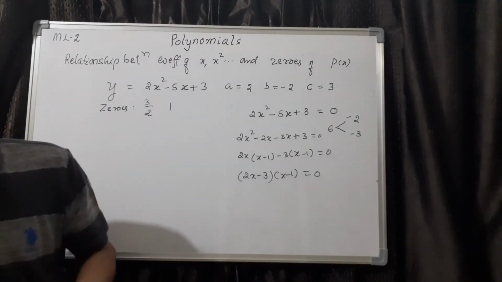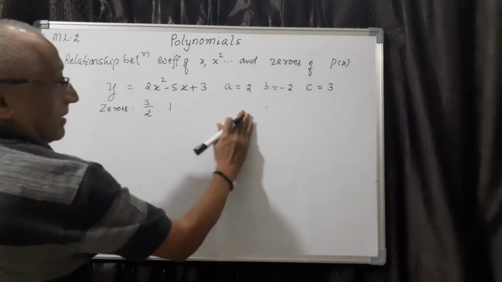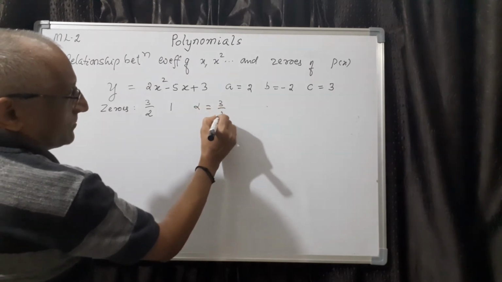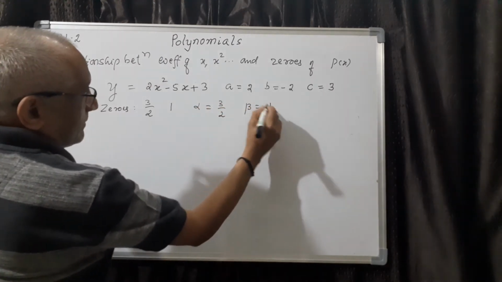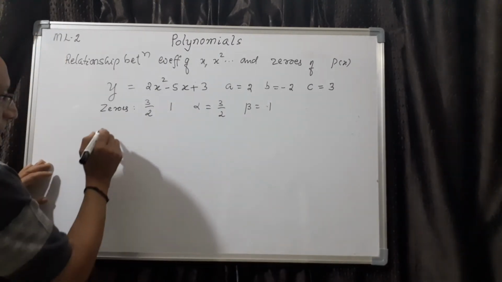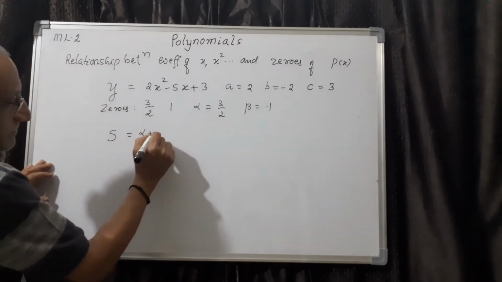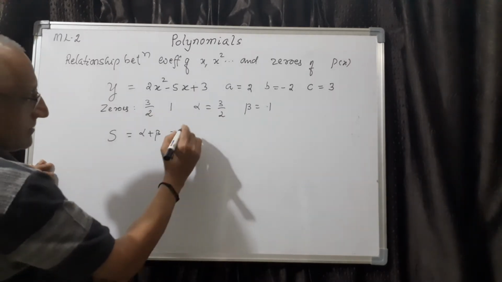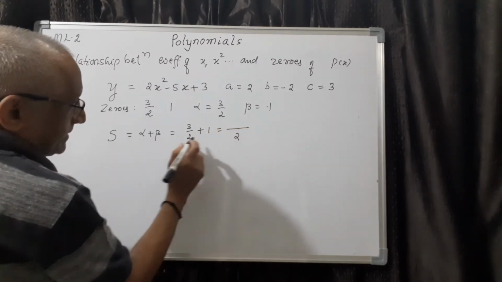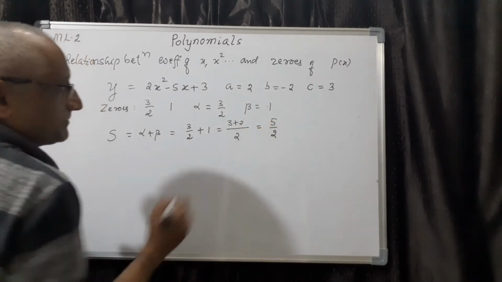So what we can take now is, see, a, b, c I have written already. Alpha you can take 3 by 2 and beta you can take 1. First zero take as alpha, second zero take as beta. Now first let us find the sum. Sum is now alpha plus beta. So 3 by 2 plus 1, which is 2 LCM, then 3 plus 2, this is 5 by 2.